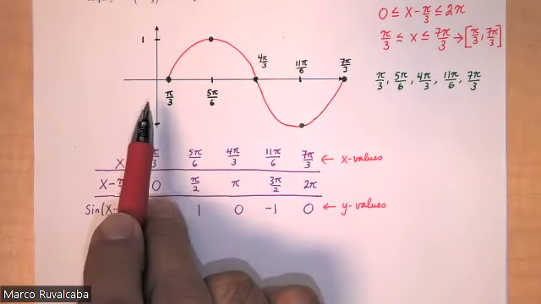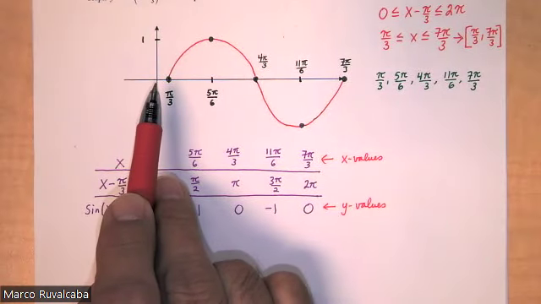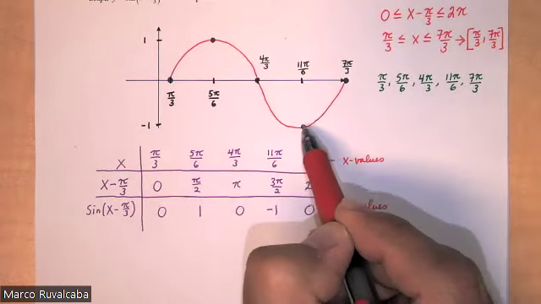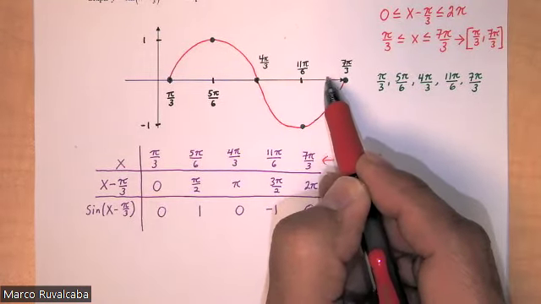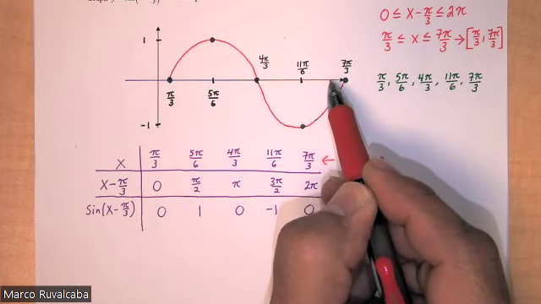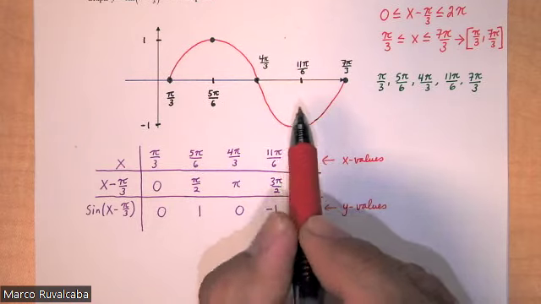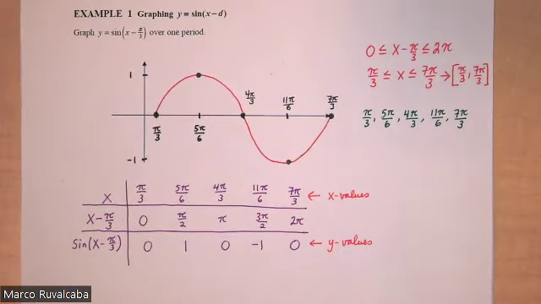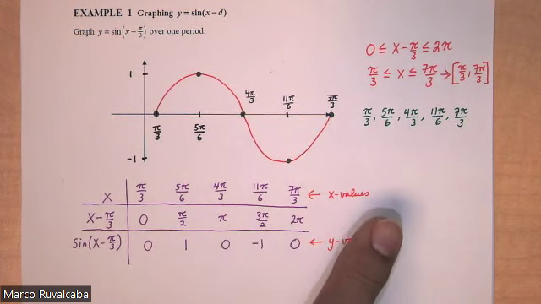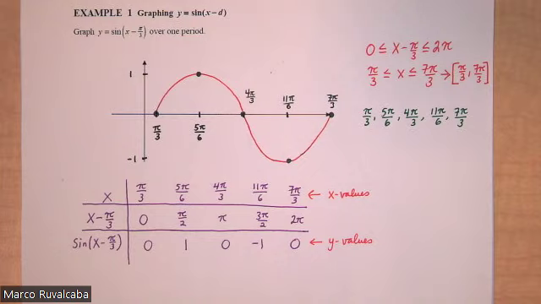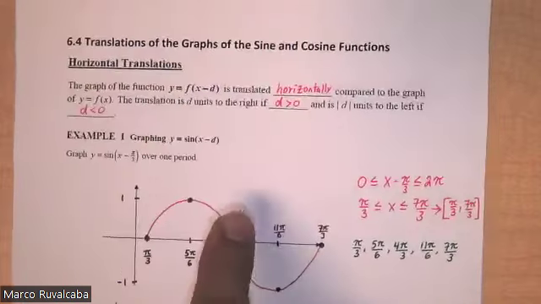Notice the original sine curve would have started at 0 in a similar way, right? And it would end over here at 2 pi, pi thirds before 7 pi thirds. So this graph has been translated or shifted horizontally to the right by pi thirds, just like the definition said up here.